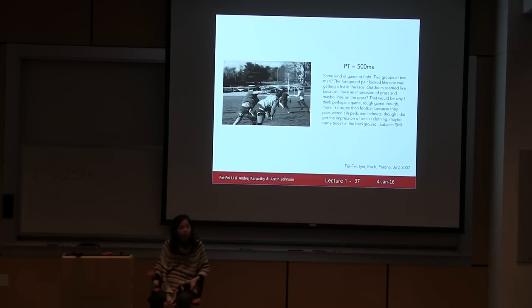One of the holy grails of computer vision is to be able to tell a story of a scene. Think about you as a human. The moment you open your eyes, you're able to describe what you see. In psychology experiments, we find that even if you show people a picture for only 500 milliseconds, literally half a second, people can write essays about it.